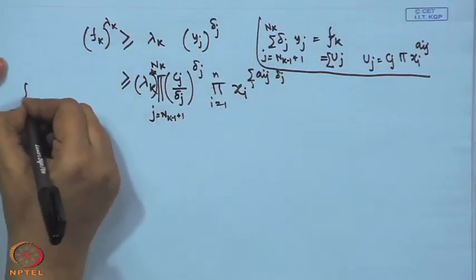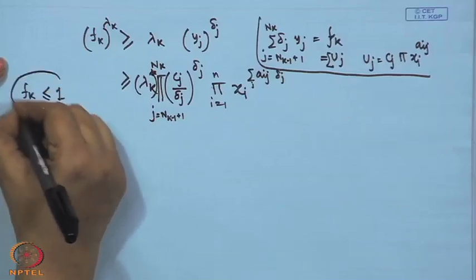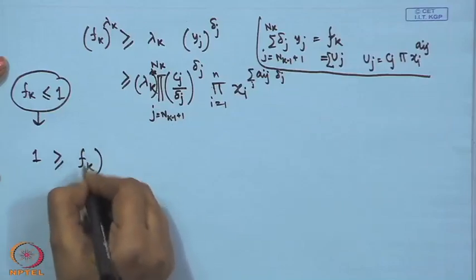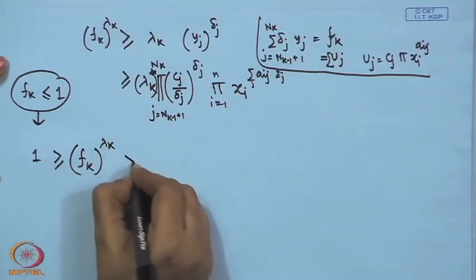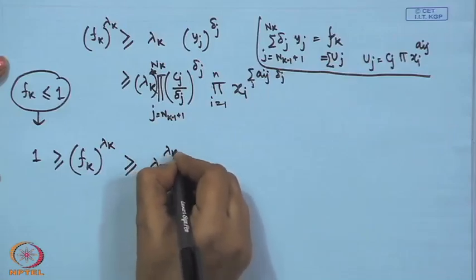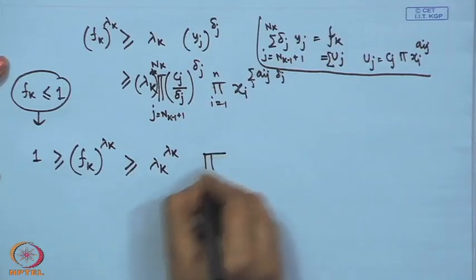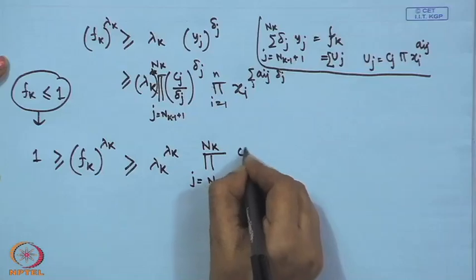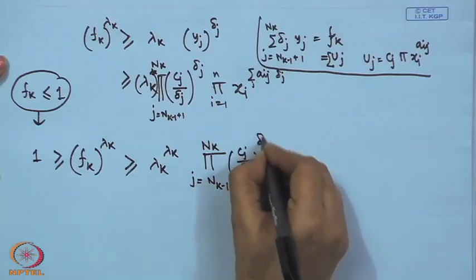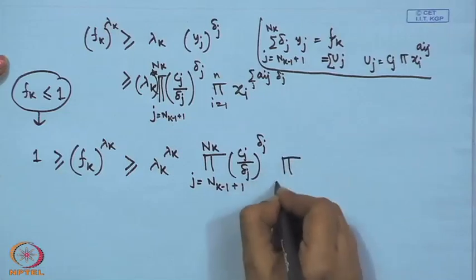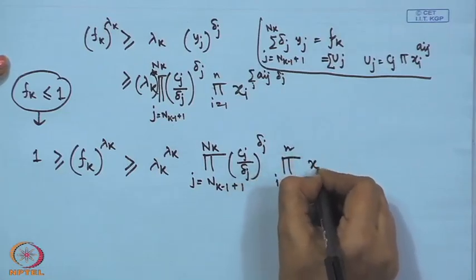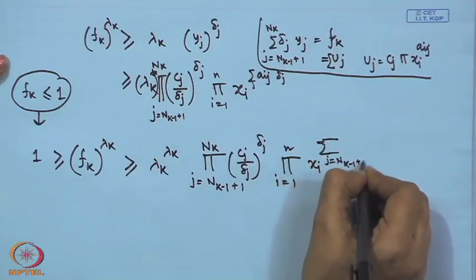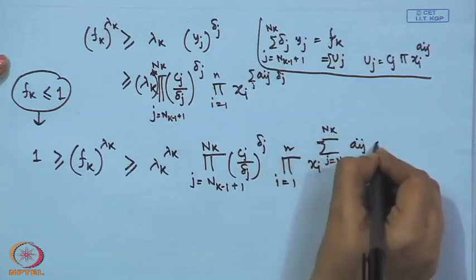As we know that fk is less than or equal to 1, with this consideration we can write 1 greater than or equal to fk to the power lambda k, greater than or equal to lambda k to the power lambda k, then the product over j equal to nk minus 1 plus 1 to nk of cj by delta j to the power delta j, then the product over the n decision variables, i from 1 to n, of xi to the power of the summation over j, again j from nk minus 1 plus 1 to nk, of aij delta j.